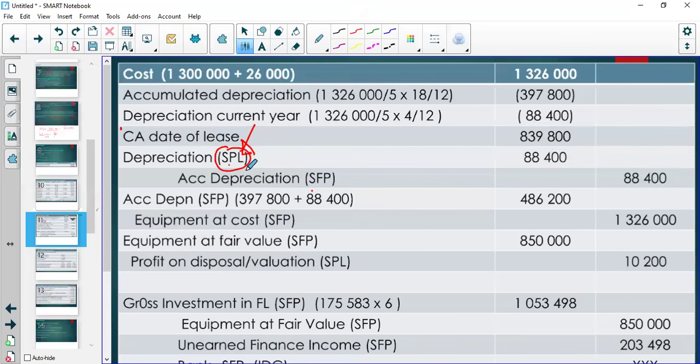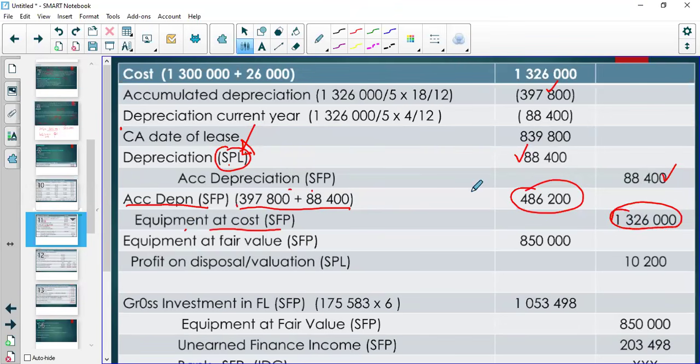So the first journal entry, if relevant, would be to update the depreciation, so that accumulated depreciation is updated. Now the combined depreciation is 397,800 plus 88,400, which is 486,200. Because we are now de-recognizing the asset, we're going to debit accumulated depreciation of the asset, and we're going to credit the equipment at cost, the total cost.